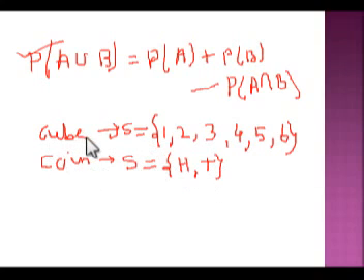A cube is thrown and a coin is tossed. Then what will be the sample space of these two incidents together? First a cube is thrown and then a coin is tossed.